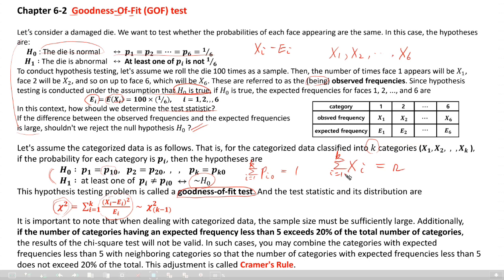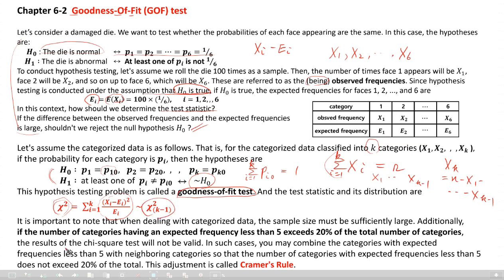So there are k minus 1 independent Xi's, because the sum of these X's equals n. So X1 up to X(k-1) are independent. Then the last one, Xk, should be n minus X1 minus up to X(k-1). That's why they are k minus 1 independent random variables.